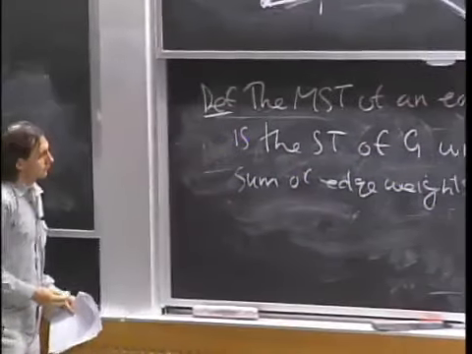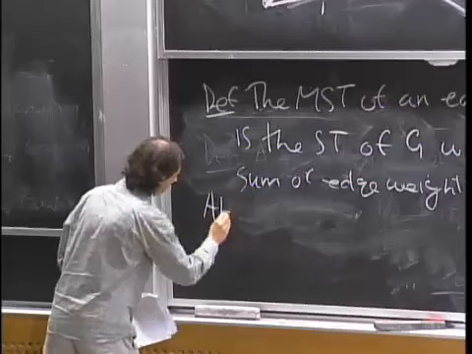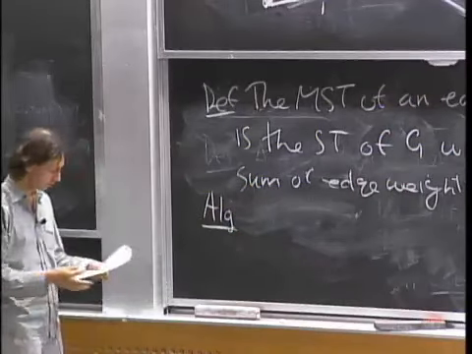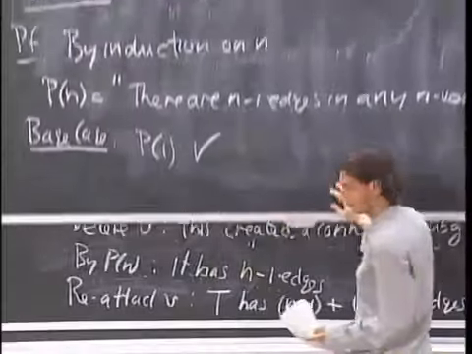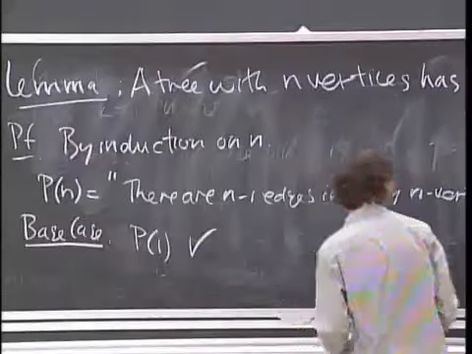So, well, the algorithm that I'm thinking about here is very straightforward. Actually, I use this blackboard because this algorithm will be the focus of the rest of the lecture.